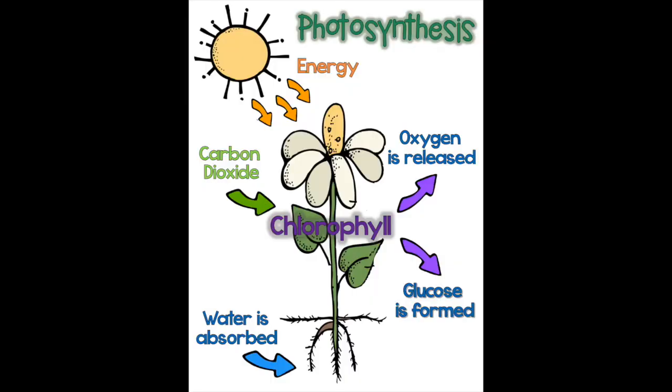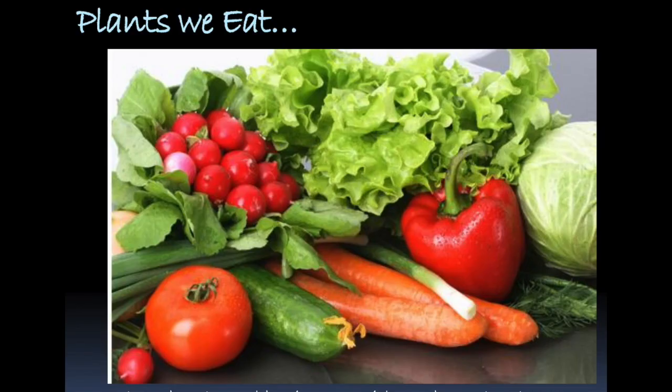We call plants producers because they produce their own food. Producers like to make. They make their own food out of sunlight, carbon dioxide, and water. And then when we eat plants, by eating vegetables or fruits, we're actually getting that energy from the plants. That's our fuel.